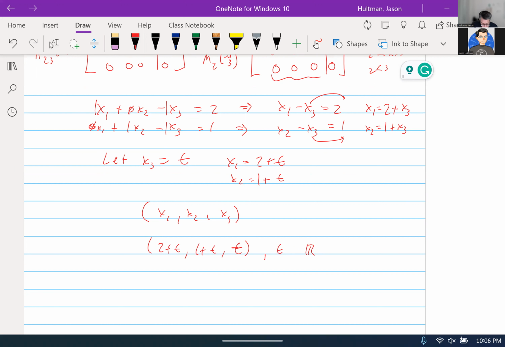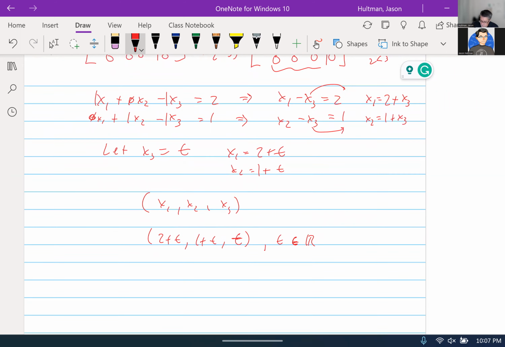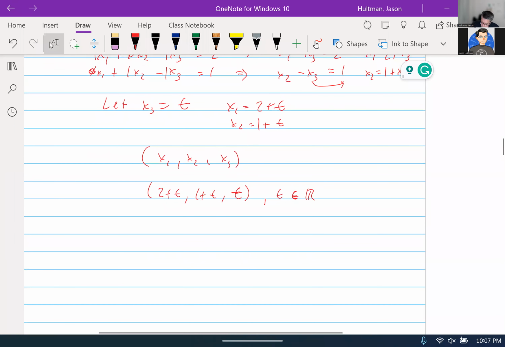We're going to restrict ourselves to the real numbers at this point in time, although they can be complex. All of these things can be done with complex numbers as well, but for now, we're going to restrict that to the real numbers.